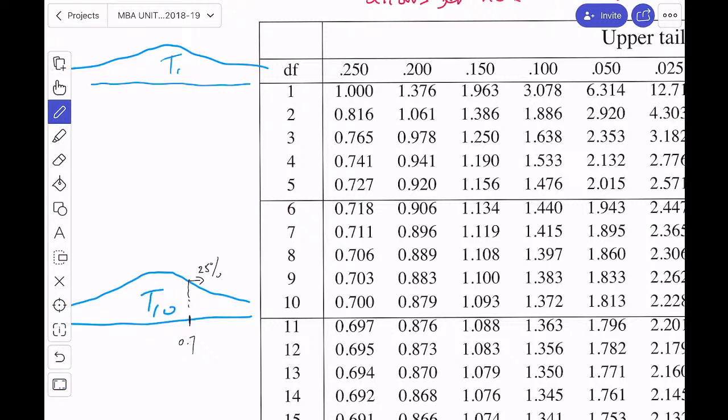And then let's get another one. Let's do 1.813. 1.813 would be here and corresponds to 5%. So 1.813, and this should be 5%.